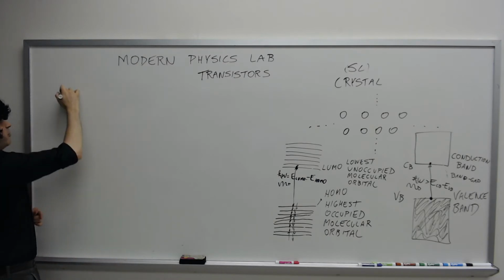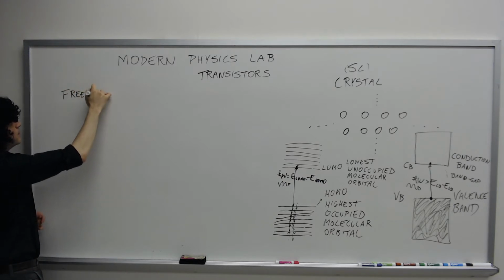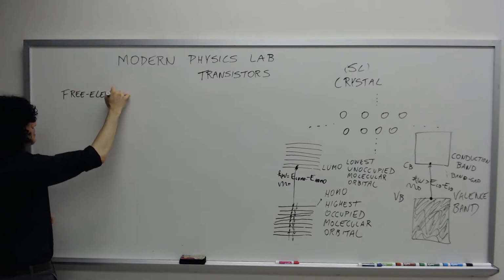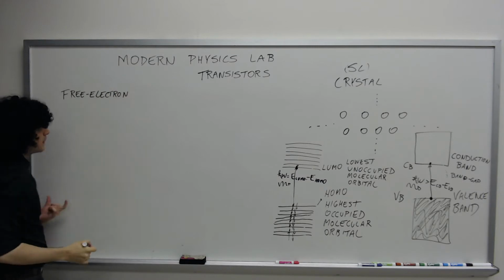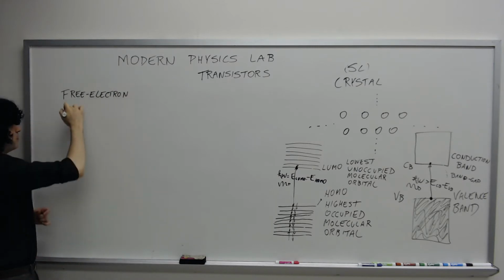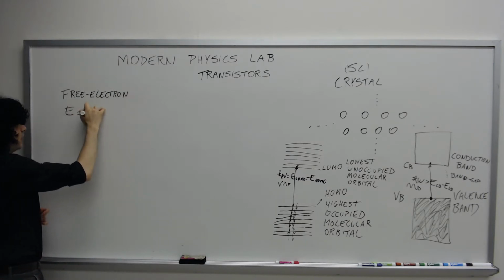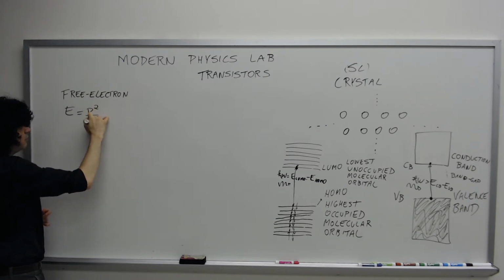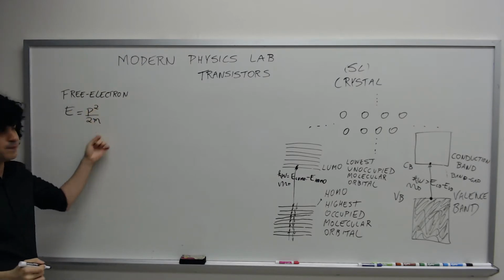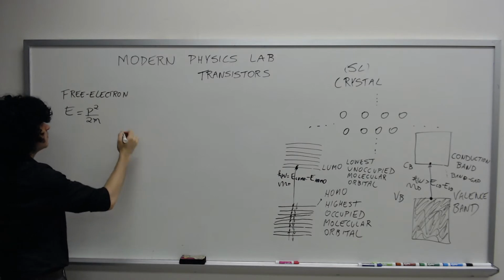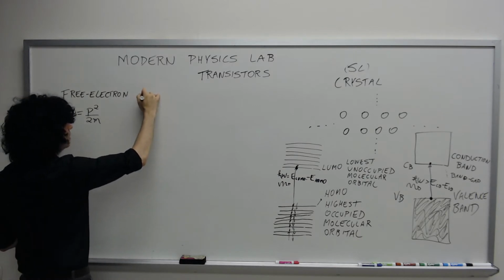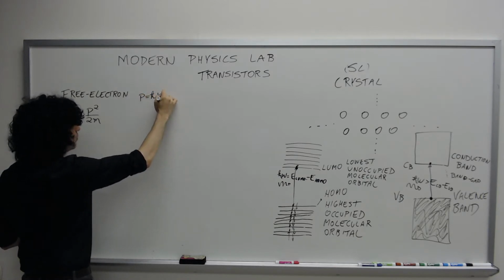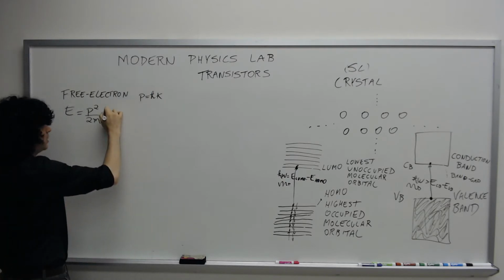You know that the energy of a free electron is given by the momentum squared divided by 2 times the mass, and the momentum is given by h bar k, where k is the wave vector of the electron.